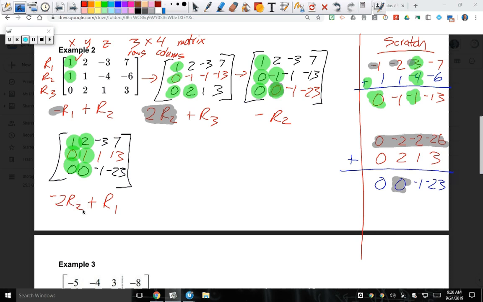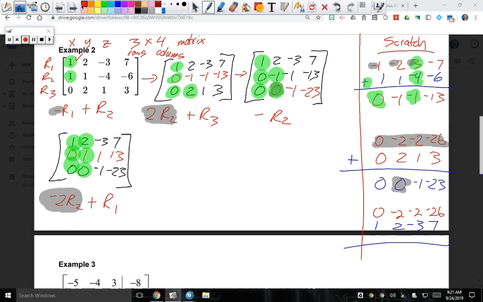Perfect. I'm going to take a negative 2 and I'm going to multiply it by R2. Let's do some scratch work. And over here, I'm going to have 0, negative 2, and negative 26. And I'm going to add it to row 1: 1, 2, negative 3, and 7.